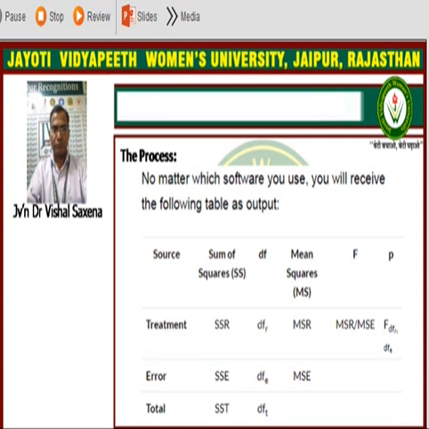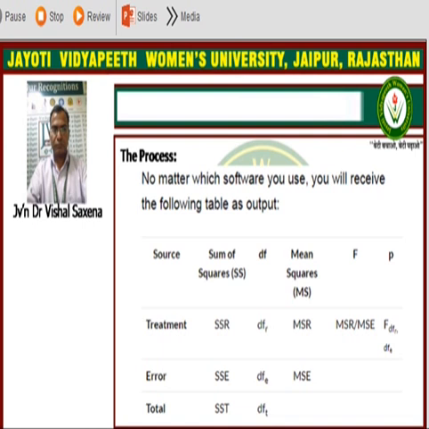Here in this table we have sources, sum of squares, which is SS, DF represents degrees of freedom, mean squares, and F and P. Treatment is SSR with DFR, error is SSE, the sum of squares of errors, and total is SST.